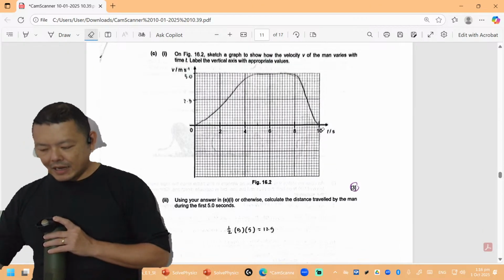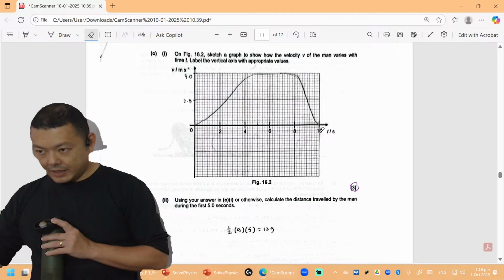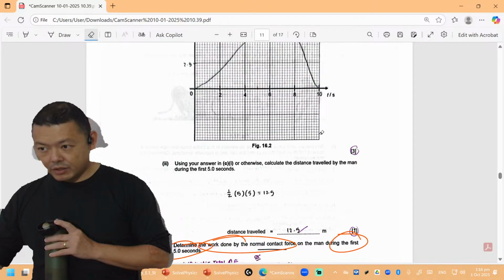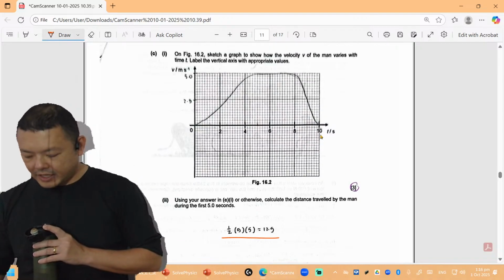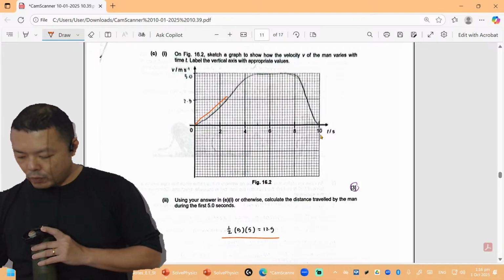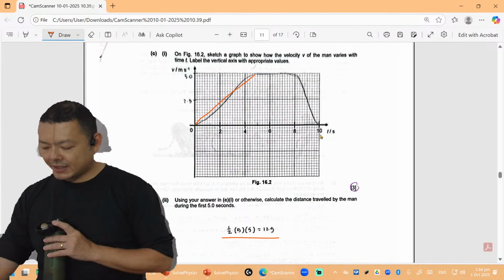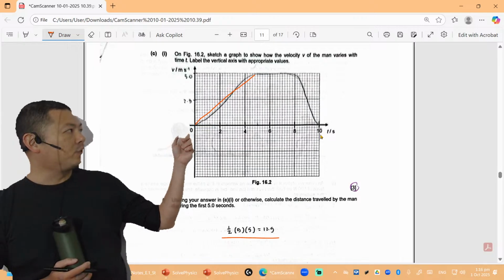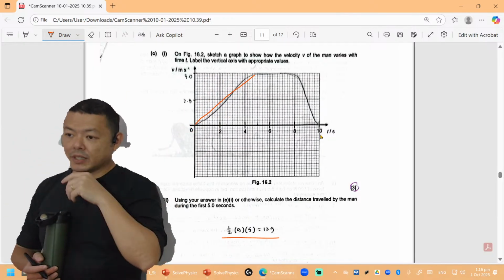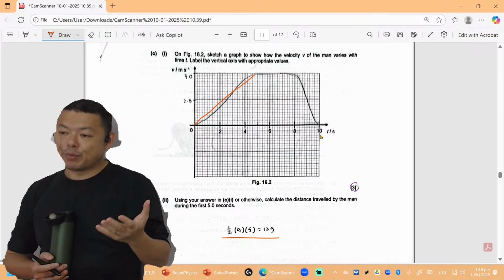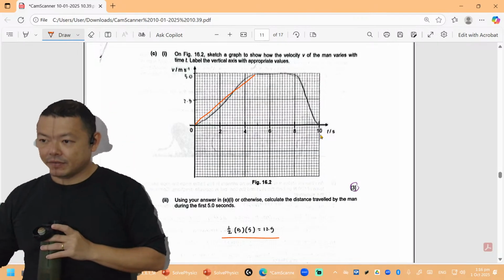Do you understand that what you did there was an approximation? I think you should write down "by approximation" on the graph, because that's not a legit equation. When you say by approximation, you understand that what you have just done is you drew a straight line like a triangle. The parts below and the parts above should be equal to each other, and therefore you can approximate it to be half times 5 times 5.